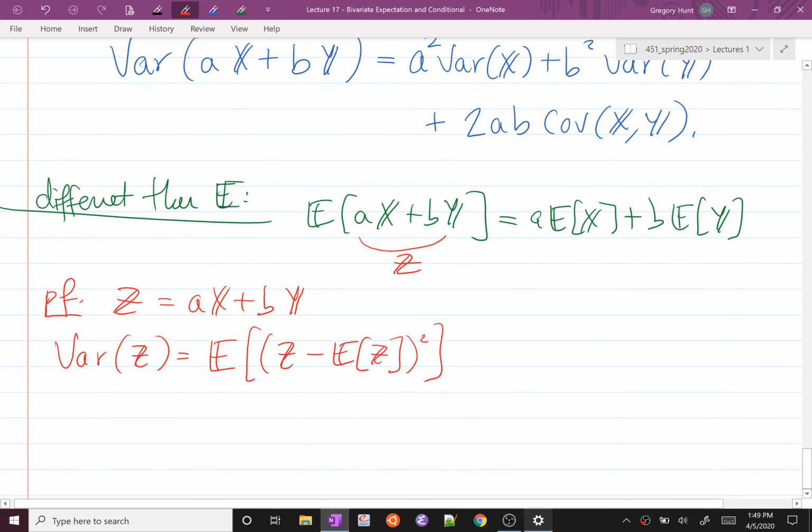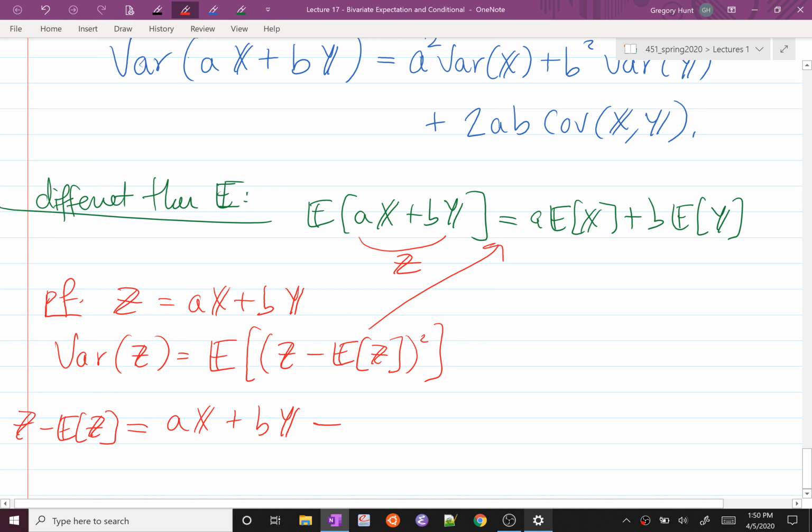And we actually know what that thing is, right? We just calculated it above. And so if I look at z, which is ax plus by, and if I subtract off, so let's write this, z minus E of z.